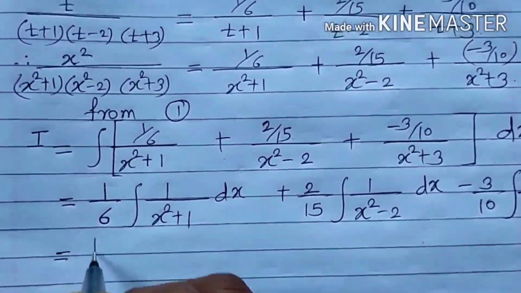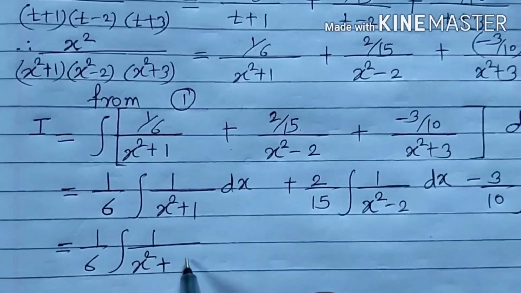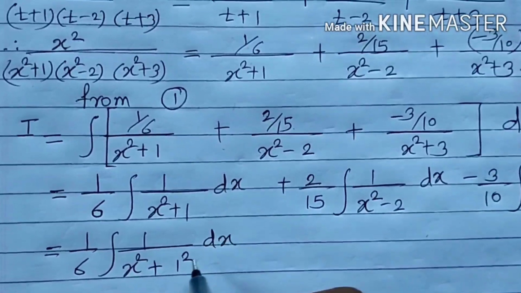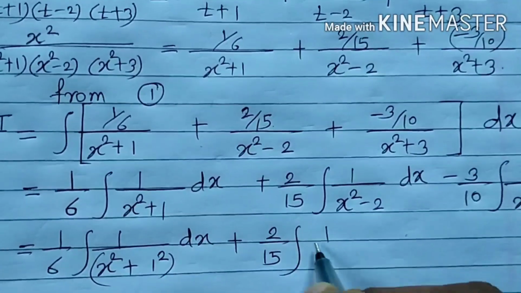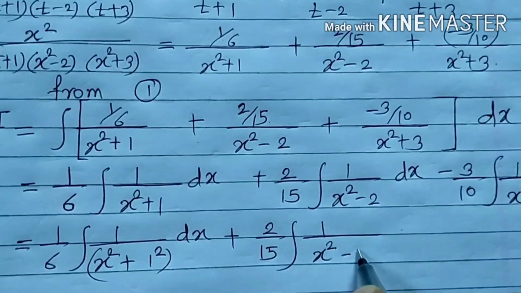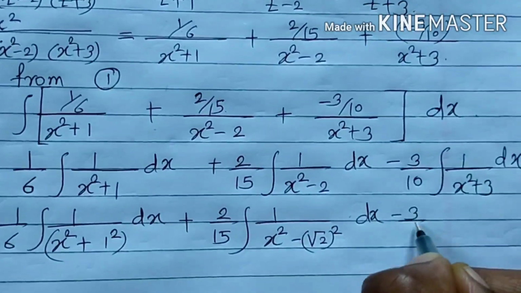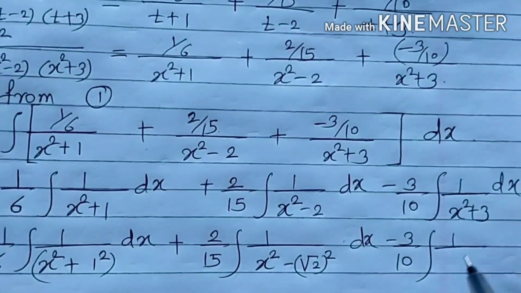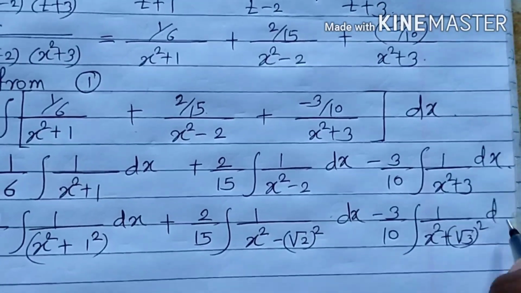Now it is the square of some values. So it is x square plus 1 square dx plus 2 upon 15 integration of 1 upon x square minus root 2 square dx minus 3 upon 10 integration of 1 upon x square plus root 3 square dx.